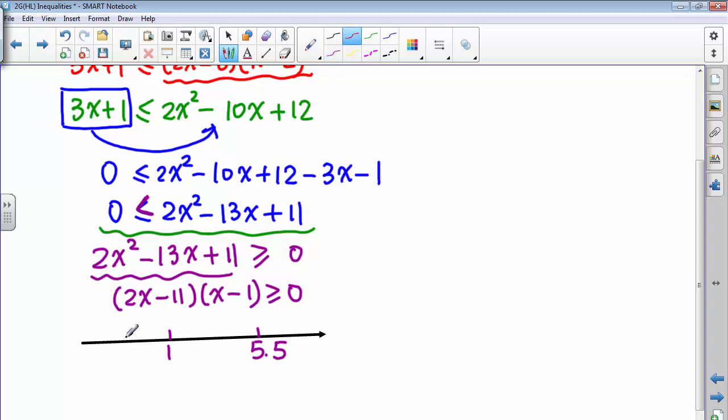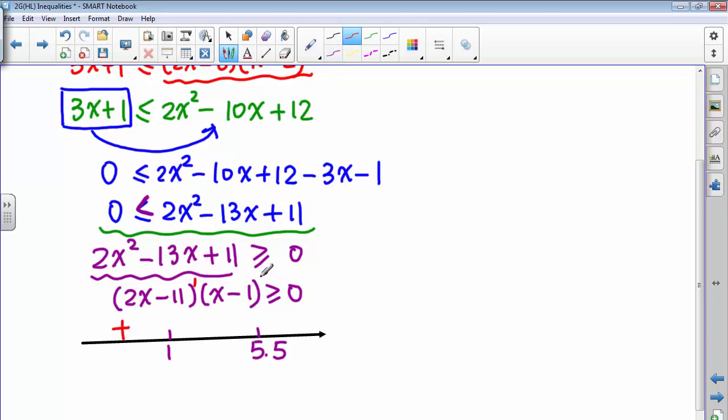Then you can pick a value from this interval to see if this one is positive or negative. For example, I can pick 0. Plug 0 in for x here, negative 11. Plug 0 in for x here, negative 1. Negative times negative becomes positive.